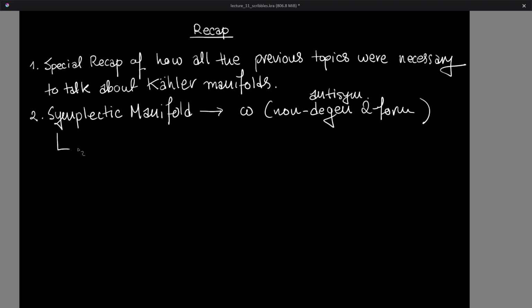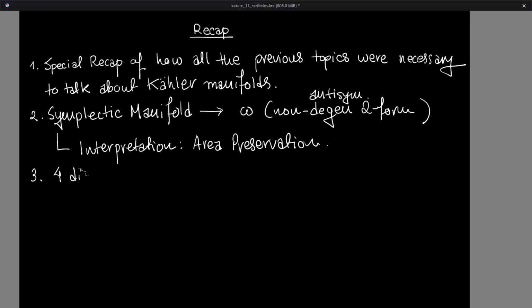We looked also at the interpretation of area preservation, a specific type of area called symplectic area. We used Stokes' theorem for that, and then we looked at four different ways to characterize a Kähler manifold.